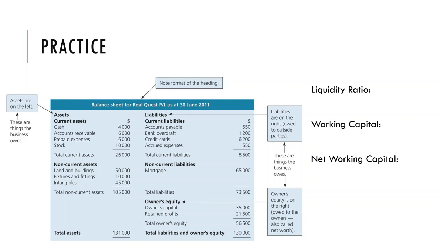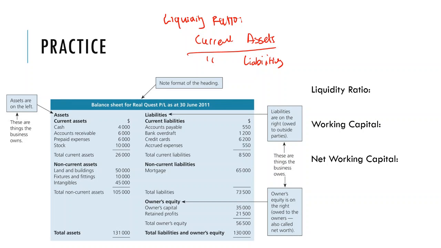And we've got to remember our liquidity ratio is current assets over current liabilities. So we look at our current assets, which is 26,000, over our current liabilities, which is 8,500.